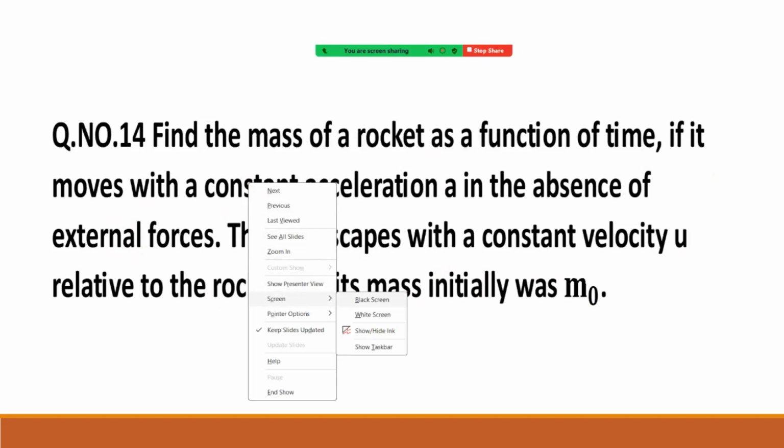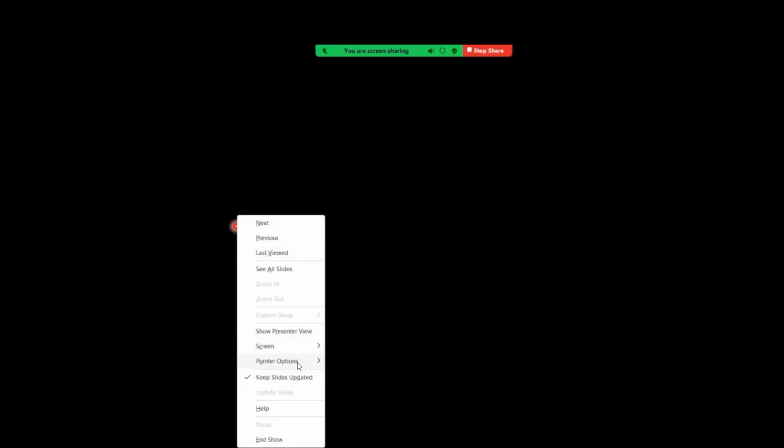See how we are starting the problem. First we have to focus on the equation. The equation is external force plus thrust force, net, equal to mass into acceleration. In this condition, a is given as constant, right?